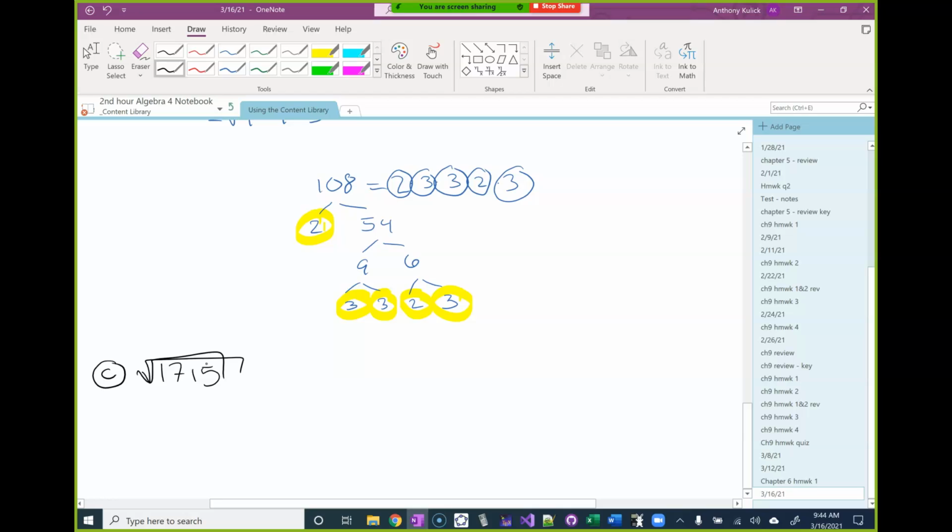Do you see perfect squares? So what should we do? Do the prime factorization, right? What number do we for sure know is going to divide?